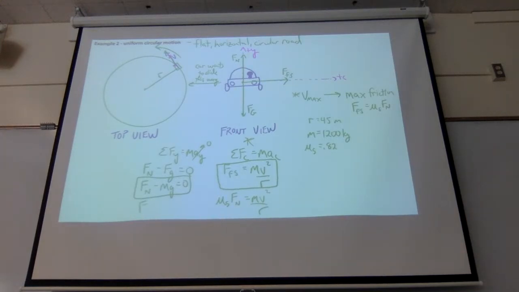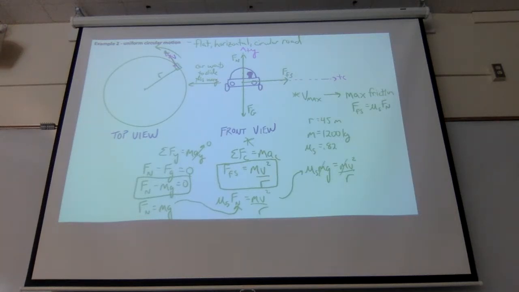And from this equation, I can say that Fn is equal to mg, and then I could plug that in over here. Which means that now I have mu s times mg equals m v squared over r. And then notice the masses cancel out.